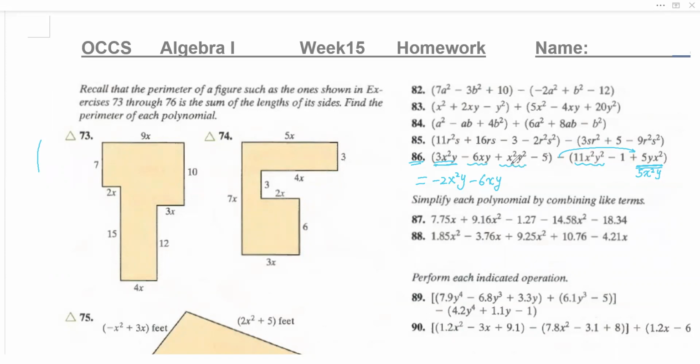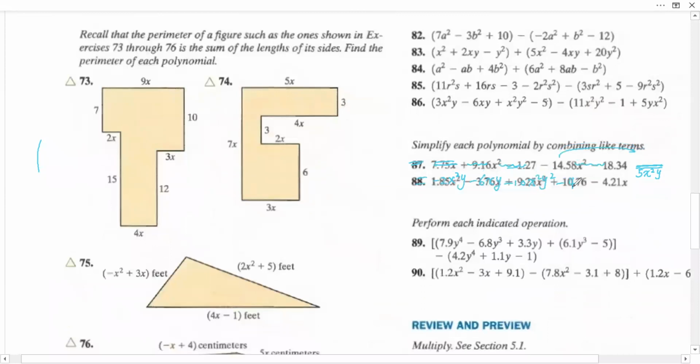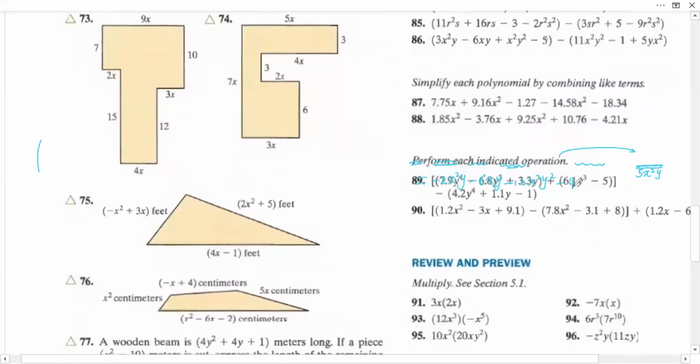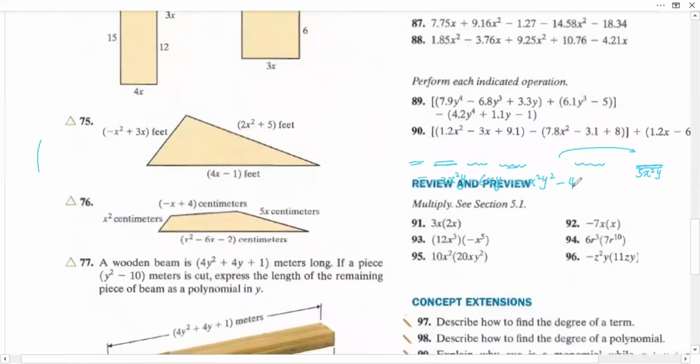So here is positive. Here are like terms, right? So you get minus 10x squared y squared. And the last one, 5 plus 1, so you get negative 4. Right? Combine like terms. Most important is how to identify like terms. Okay. All right. So I will skip the rest here.